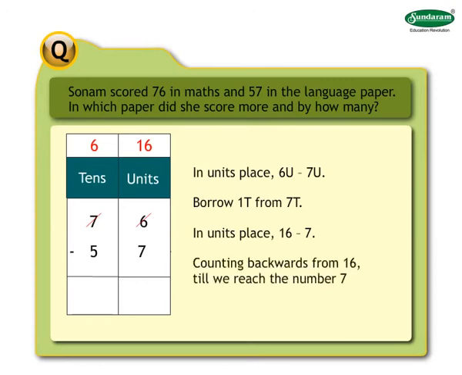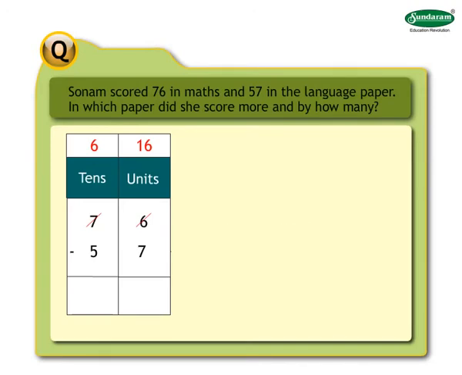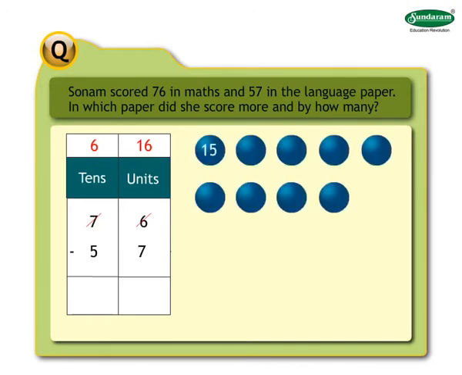By counting backwards from 16 till we reach the number 7, we have 15, 14, 13, 12, 11, 10, 9, 8, 7. Draw 1 dot for each number. We have 9 dots. Hence, in units place, 16 minus 7 is equal to 9.